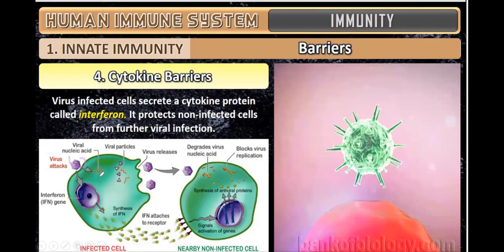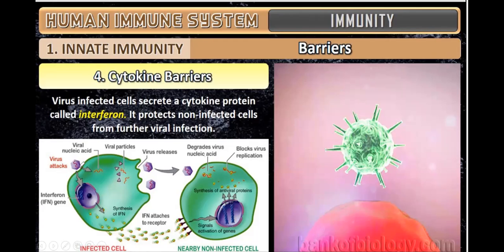When a virus attacks a cell, it will produce interferon. It has the IFN gene, so it will synthesize interferon. This is the infected cell. The interferon goes to nearby non-infected cells, giving a signal: IFN attaches to the receptor, and then there is activation of genes. Then it will synthesize antiviral proteins.